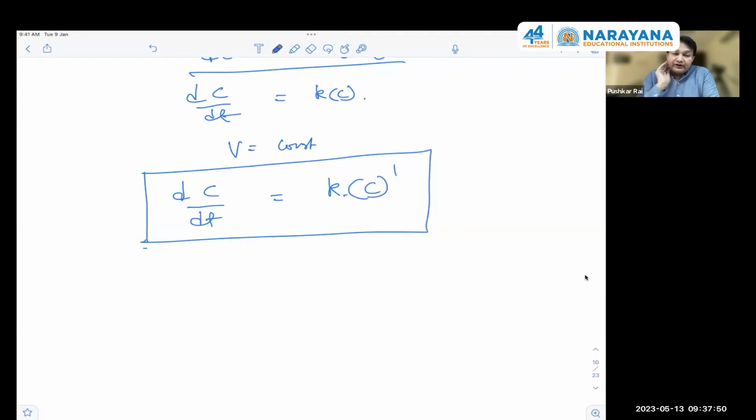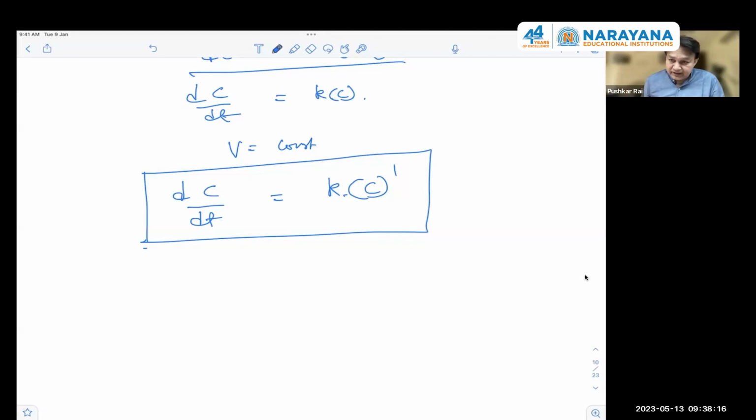Why? Because rate of change of concentration means what? There are two parts in it. Volume is changing, and due to that also concentration is changing. Can you say that this is due to the first order process? No. Do you understand what I'm saying? Very difficult to get it, I do agree.